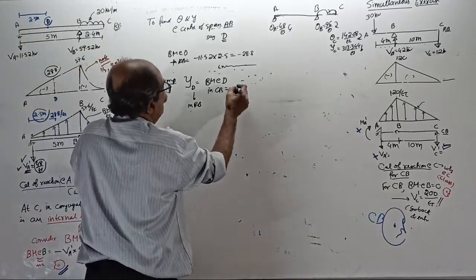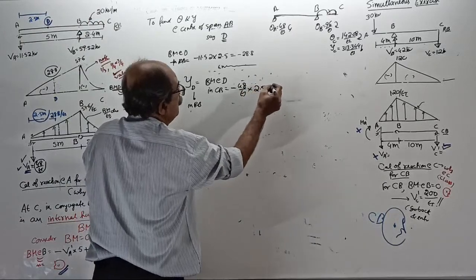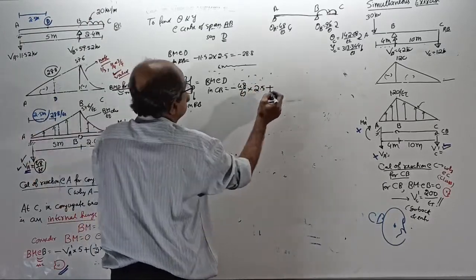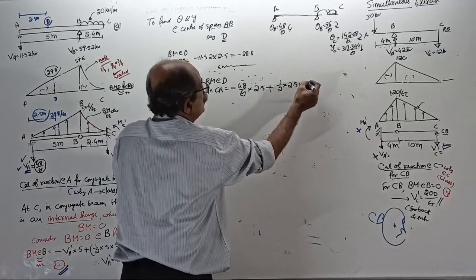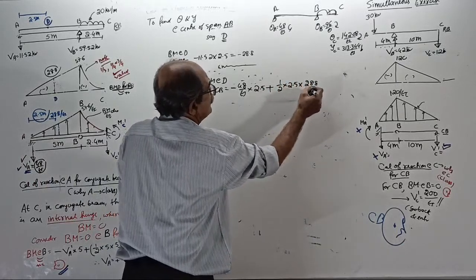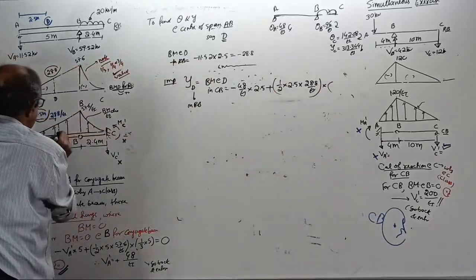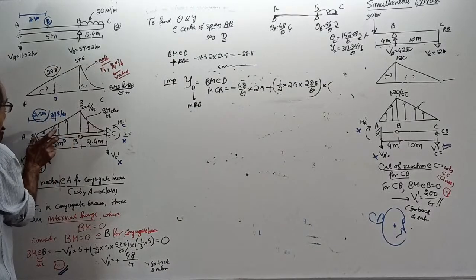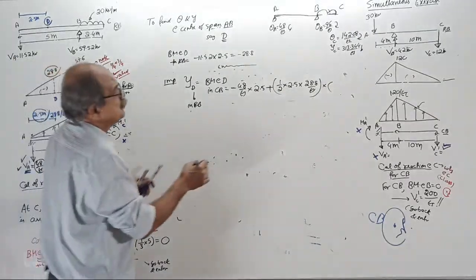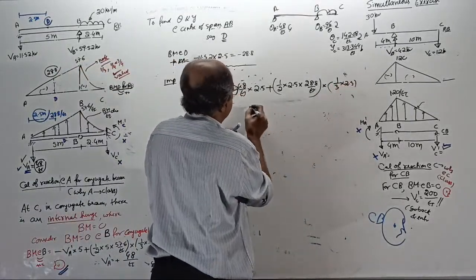Minus 48 by EI into only 2.5 plus half into 2.5 into 28.8 by EI, which is the total load up to there, into the moment about the point D. Draw a light line here, only this triangle, 1/3 of 2.5. Tell the answer.